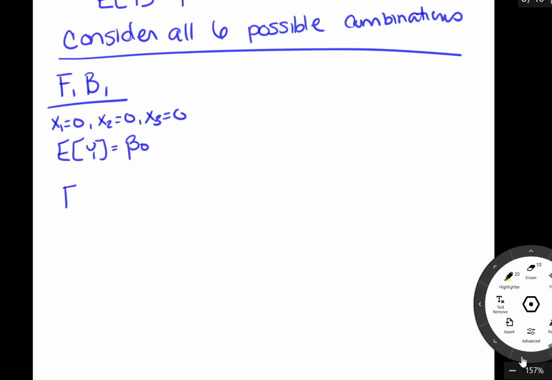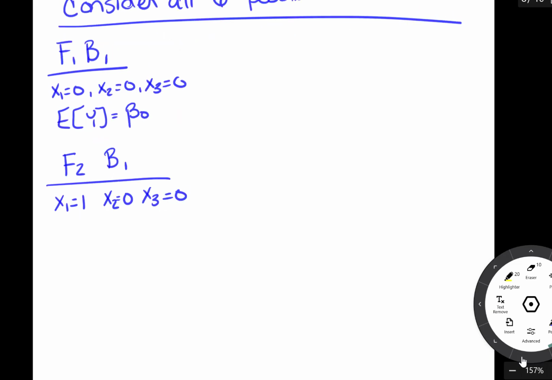Let's look and see what happens when we have fuel type 2 and brand 1. Notice in this case, x1 is equal to 1, x2 is equal to 0, and x3 is also equal to 0. So here we're going to have the expected value of y is equal to beta naught plus beta 1.